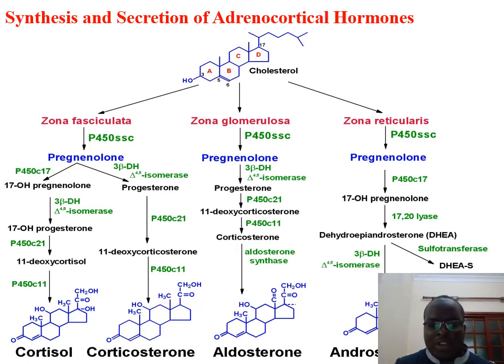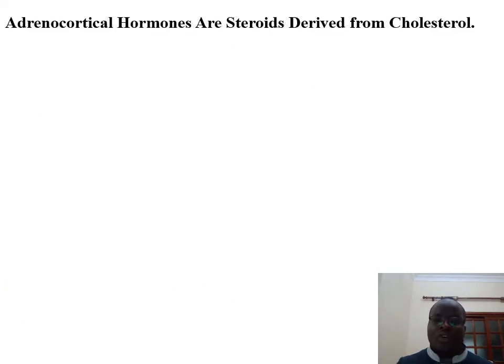In biochemistry, you might need to know each step and the enzymes involved. But in physiology, just note that these are steroid hormones, and most of them are derived from cholesterol. You need to know which cells produce them and their physiological function once they have been released into the circulation.